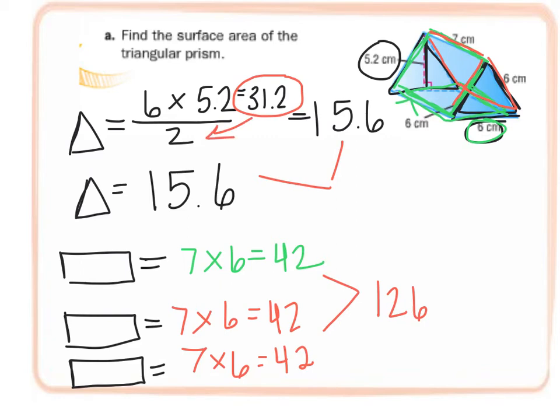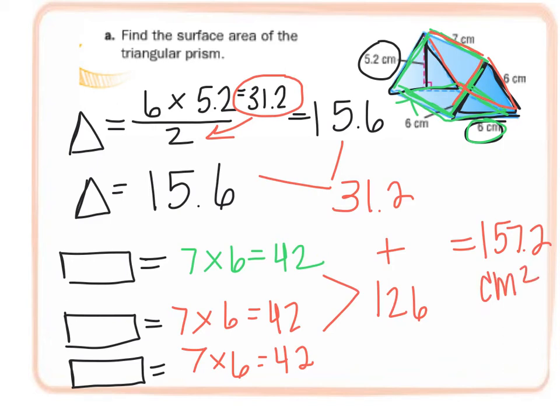So if I double 15.6, I'm going to get 31.2 again. So that's always a little trick to know. So 126 plus 31.2 equals 157.2, and that would be centimeters squared because I'm doing surface area, and area is always squared.